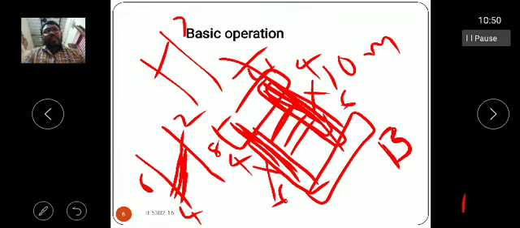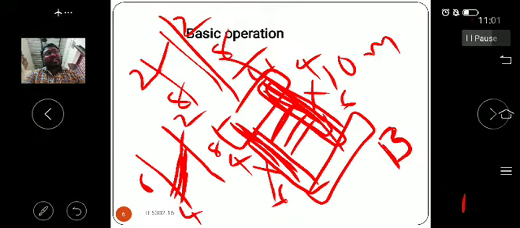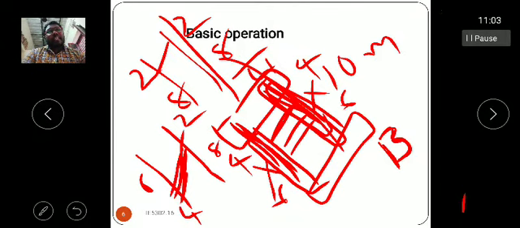Here the length is 2, here 8, here also 2, here also 8. That means the bridge is balanced. The person slides smoothly from top to bottom because the bridge is constructed in a balanced condition.